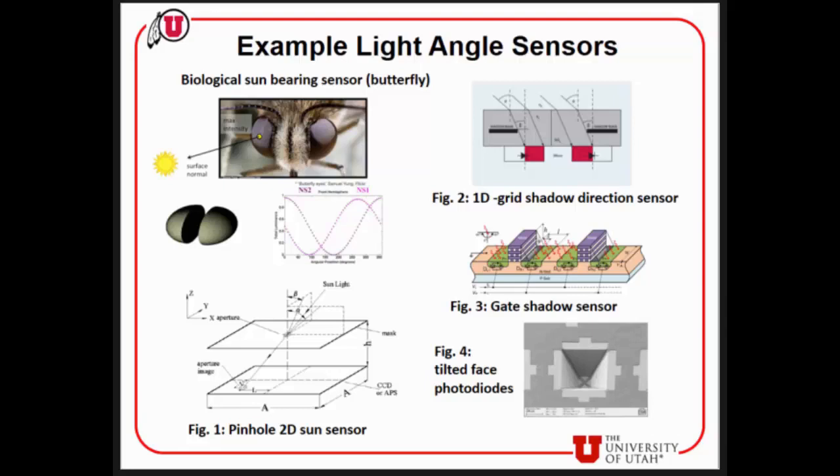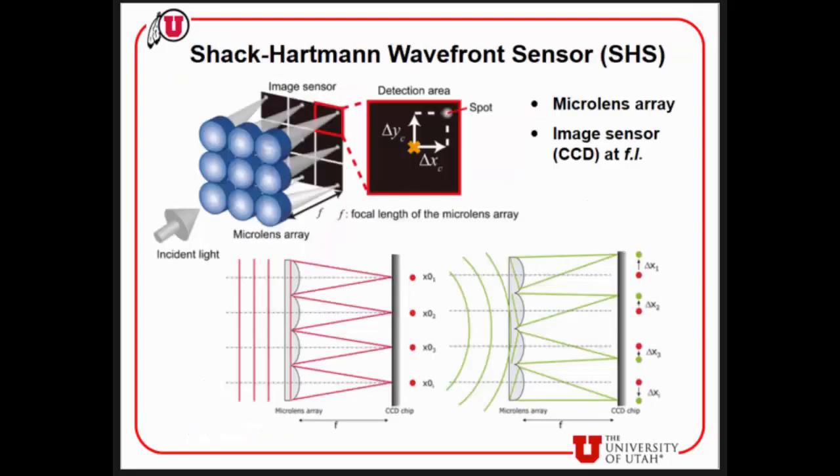So the position of the bright spot on the CCD array determines what the angle of incidence might be. This concept is extended to 1D grid shadow direction sensors, gate shadow sensors, and tilted face photodiodes as well.